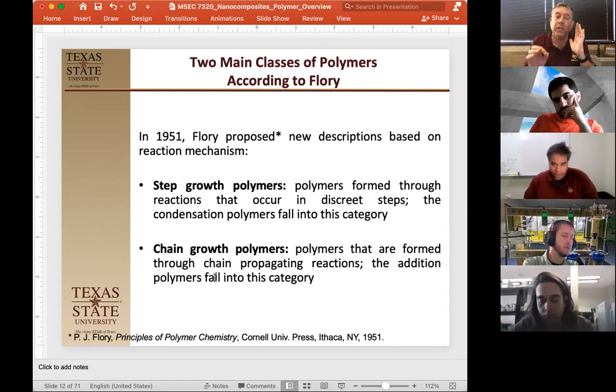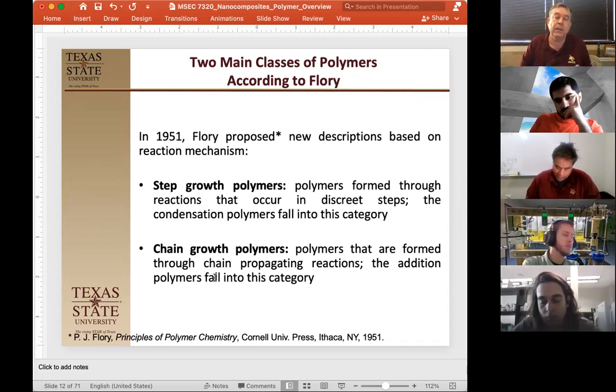And that's called the chain growth polymer system. So in chain growth polymer system, your molecular weight increases immediately upon growing your chain. Step growth, your molecular weight slowly increases till the end. Chain growth, your molecular weight's increasing from the beginning.